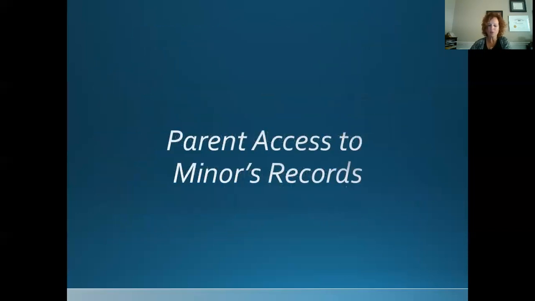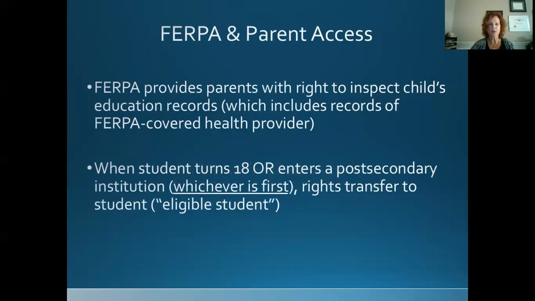In regard to parent access to a minor's records under FERPA, FERPA provides parents with the right to inspect their child's education records, which includes the records of a FERPA-covered health provider.